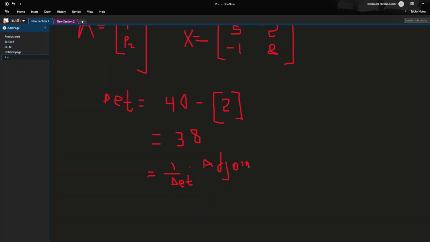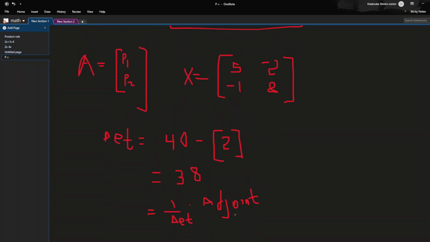How do we get the adjoint of this 2 by 2 matrix? The leading diagonal elements change position, so here we get 8 and here we have 5, but the other ones change signs.